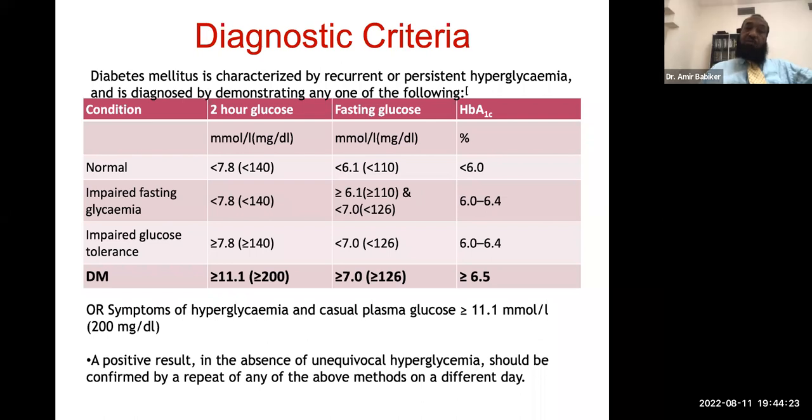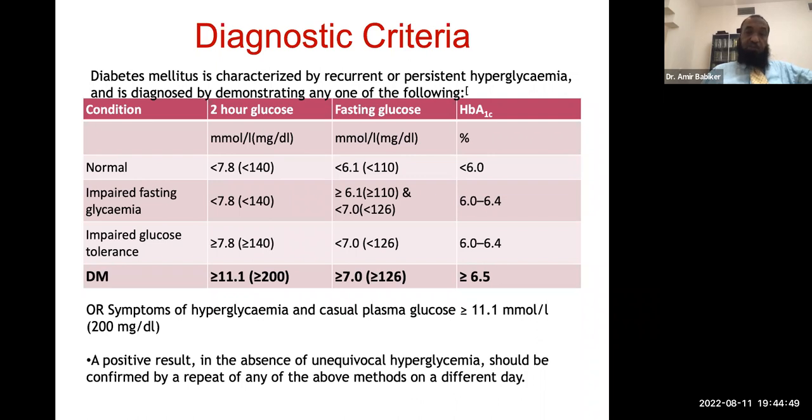For the hemoglobin A1C, these numbers are written from different references, but now we use 5.8. Less than 5.8 in the A1C is non-diabetic.